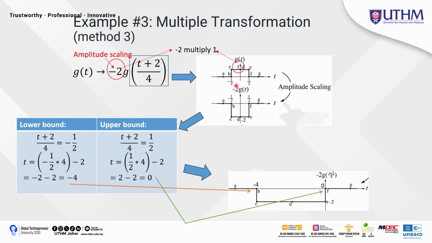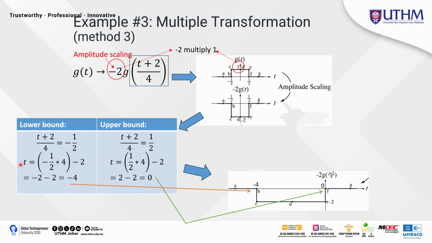Next, we do the time scaling and time shifting together: (t plus 2) over 4. So here we have t plus 2, and we need to find the lower bound and upper bound. For t plus 2 over 4, the lower bound, we take the latest value, which is negative half.